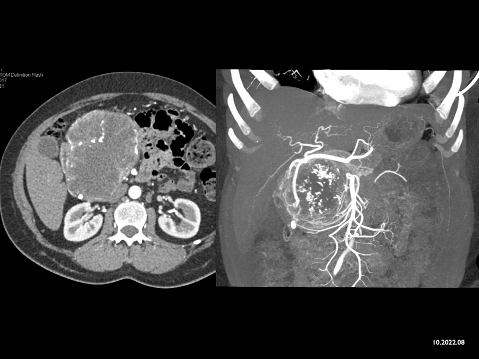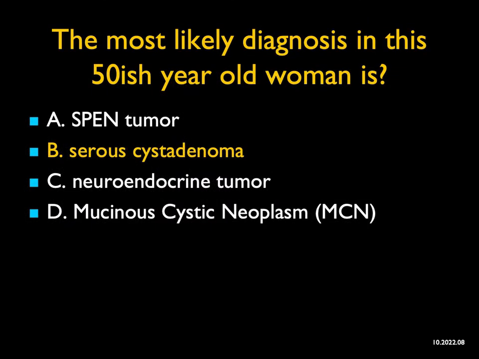Neuroendocrine tumors can be very vascular, but they distort the vessels, not displace the vessels. Mucinous cystic tumors don't have so much calcification. It's not a great location. The age is not bad. But the most likely diagnosis, when you have this draping of vessels and a large cystic pancreatic lesion, particularly with calcifications, particularly in the head of the pancreas, would be a serous cystadenoma. And this was an excellent example of a serous cystadenoma.